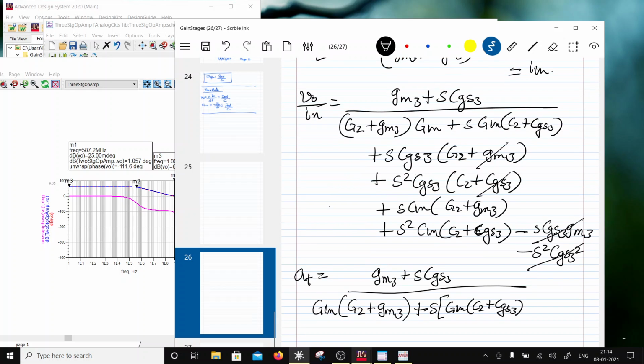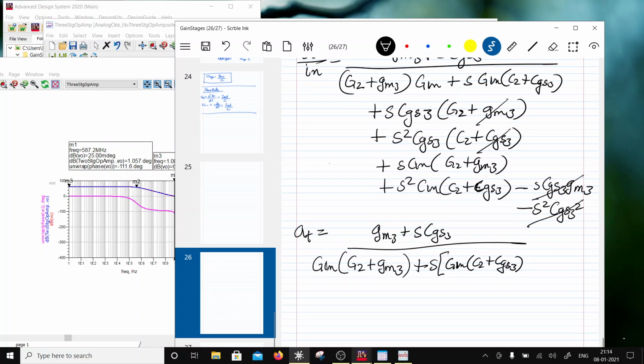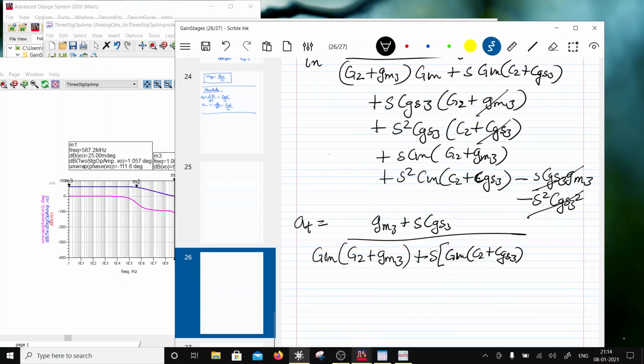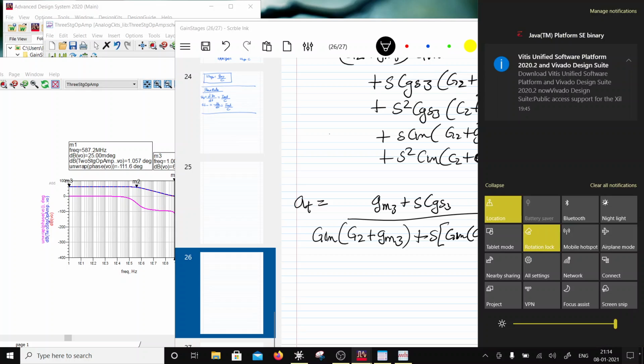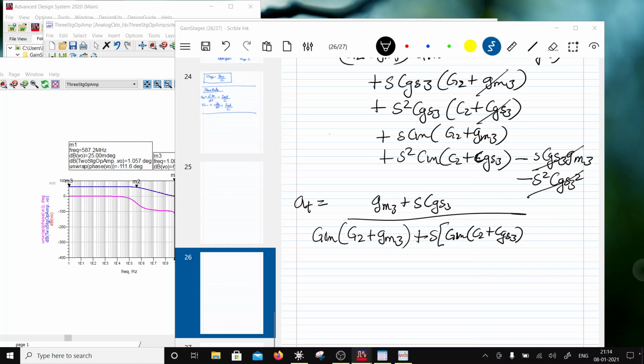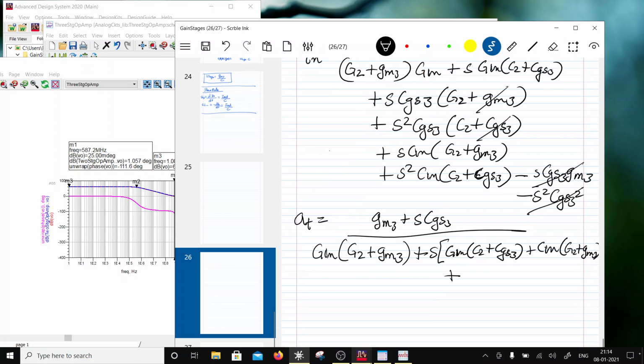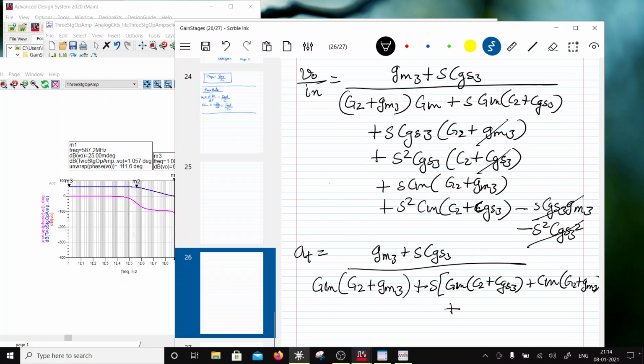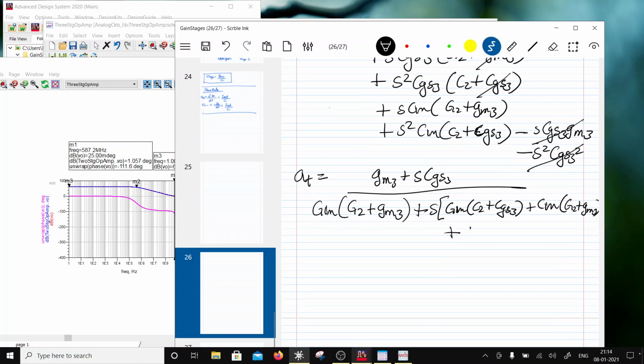So that is accounted for, and then CGS3 G2, and then SC in, so this will be plus C in times of G2 plus GM3 plus G2 CGS3.